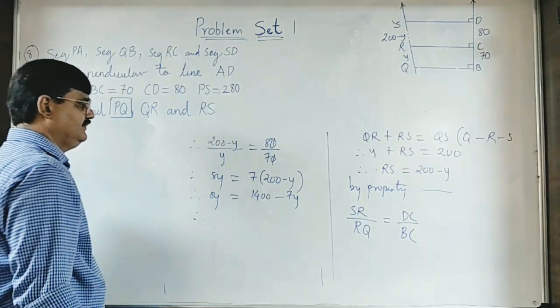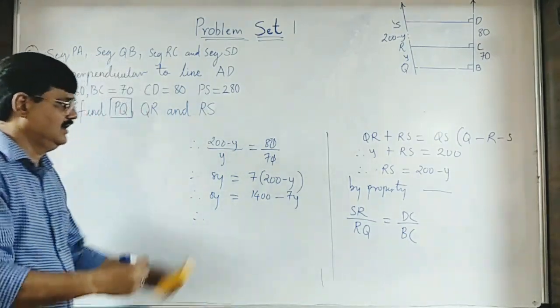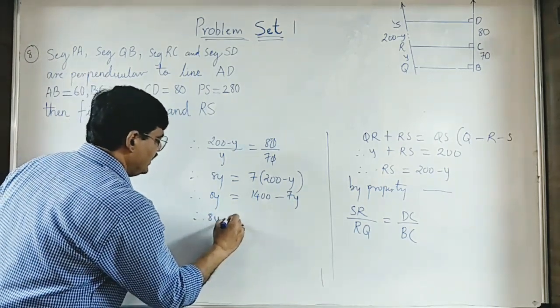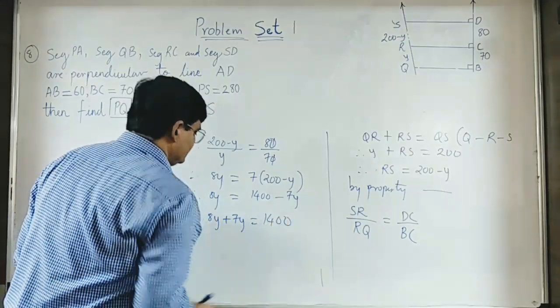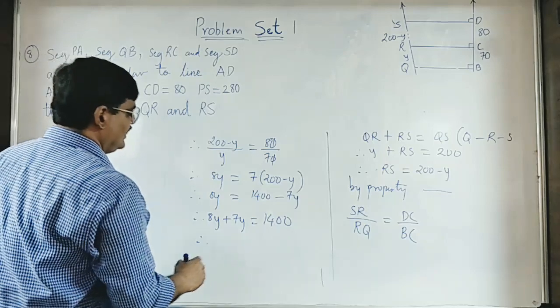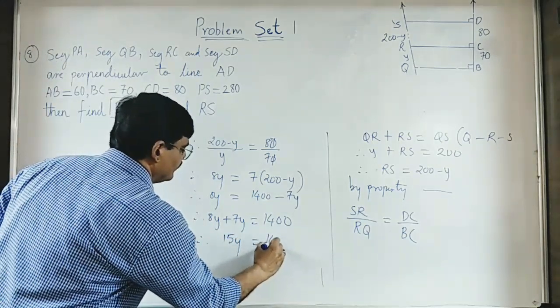Now minus 7y on the right hand side will come to the left hand side. So 8y plus 7y is equal to 1400, that comes to 15y is equal to 1400.